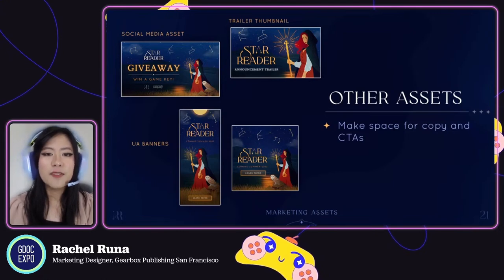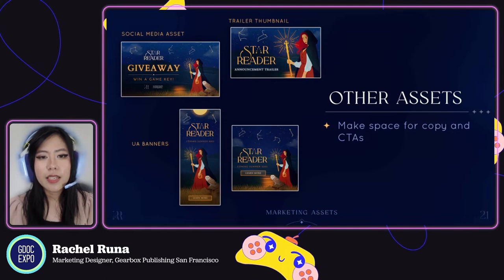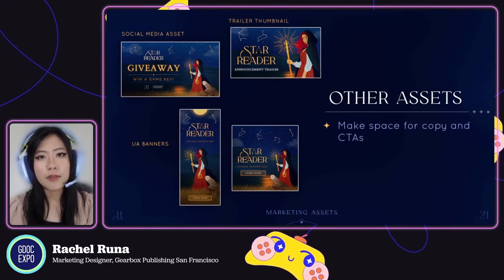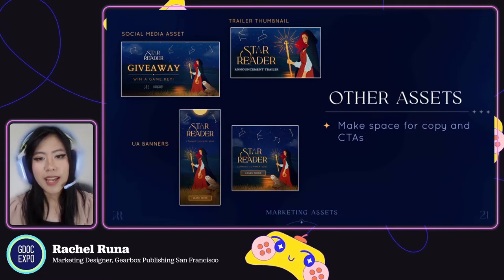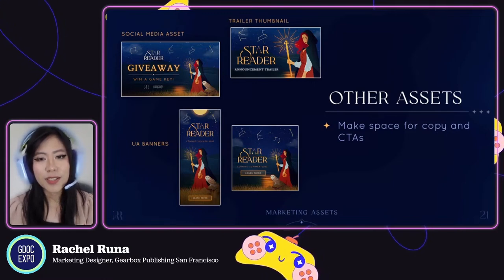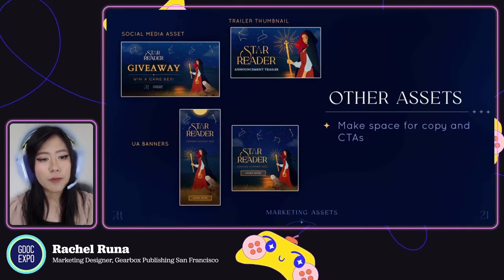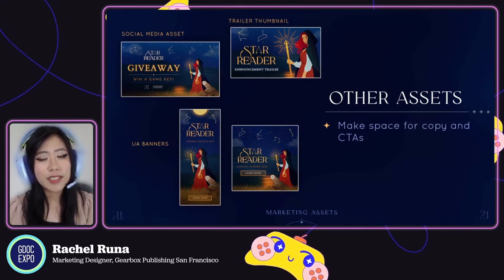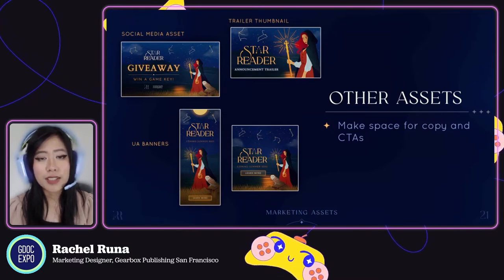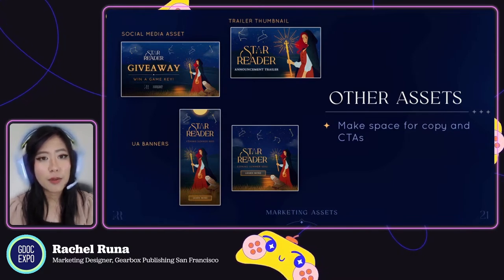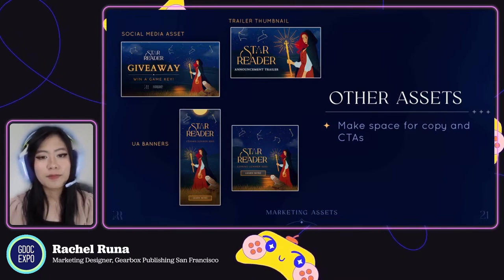Now to move over to the trailer thumbnail, again, keeping the constellations out of the way of the logo and the copy, which is announcement trailer here. One thing that I've really noticed for thumbnails of present day is there is a focus on the character, and the character, or it could be an object, will be really big.